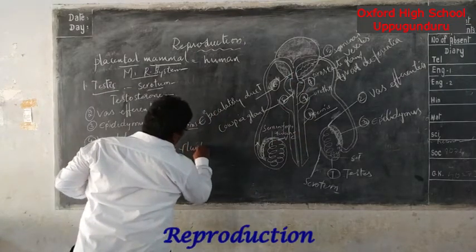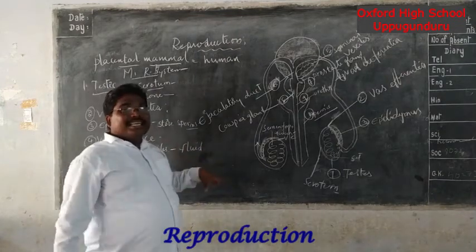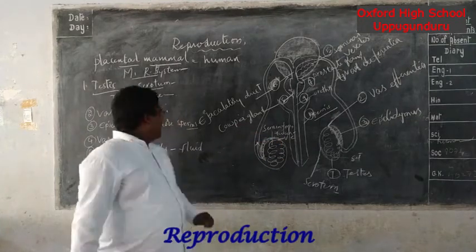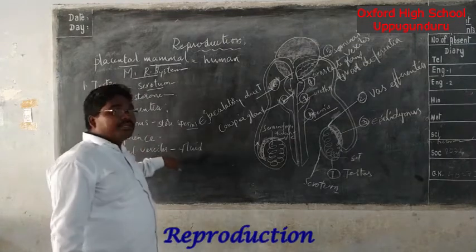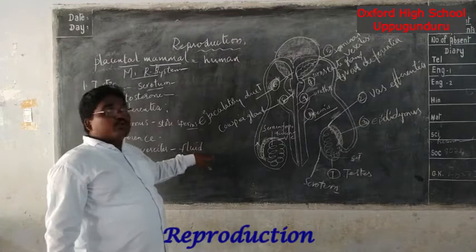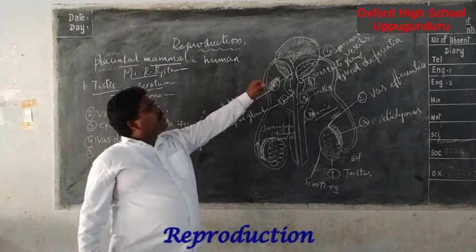The fluid is useful for providing energy when the sperms are outside of the body. Do you understand? They produce a fluid which provides the energy to the sperms when they are outside of the body. That is about seminal vesicles.